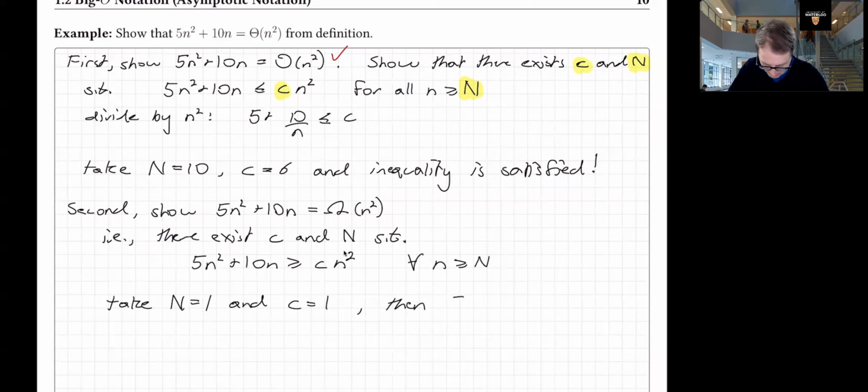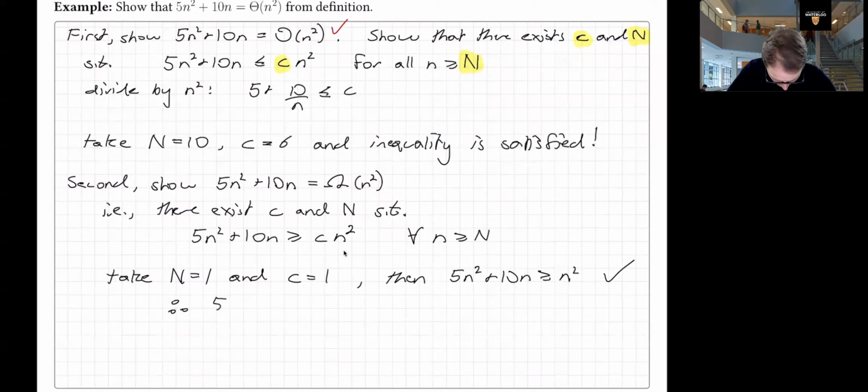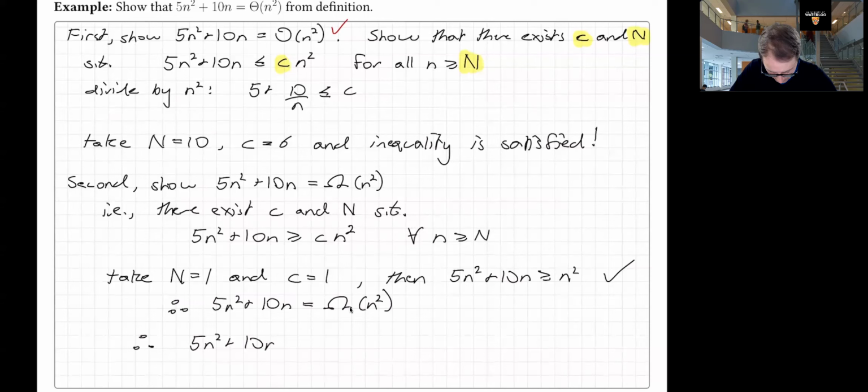Then we just have that 5n squared plus 10n is greater than or equal to n squared, which is true. Therefore, 5n squared plus 10n is big omega of n squared. And then combine the fact that it's big O and big omega. We have that 5n squared plus 10n is big theta of n squared.